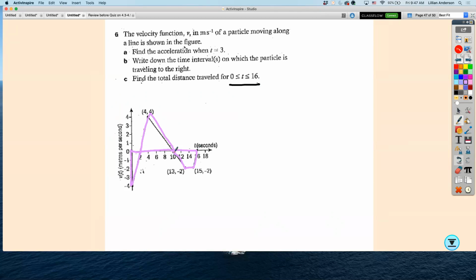The only thing is that since I'm talking about total distance traveled, all of my areas need to be positive. So even though they do go below the x-axis for two of those three regions, I would do the absolute value of whatever those two negative areas would be and then add them up. And then that will give me my total distance traveled.